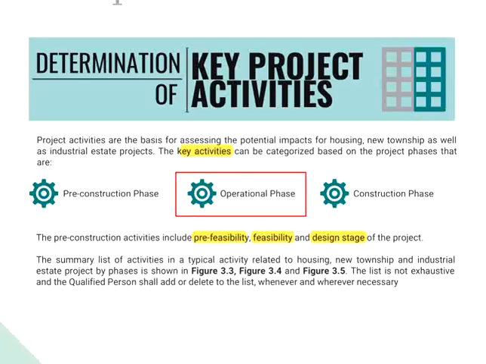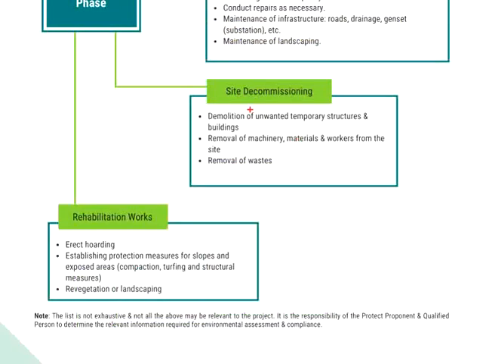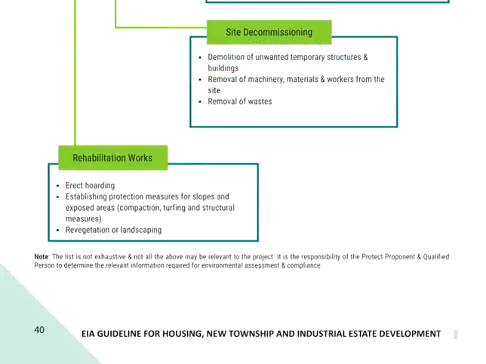Next, it will be the operational phase. This comes after the construction phase, putting the development into operation. Now, the typical project activities related to the operational and the closure or exit phase include occupation and operation of the project, infrastructure, utilities and amenities maintenance, site decommissioning, and rehabilitation works.